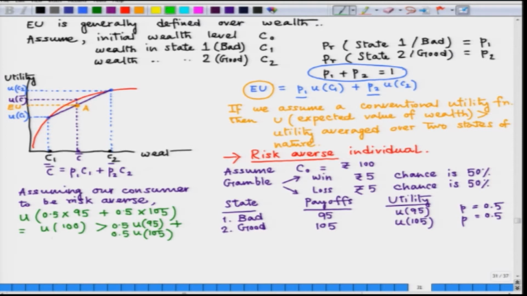So, this is basically the utility of expected wealth, and that is greater than the utility from the gamble.